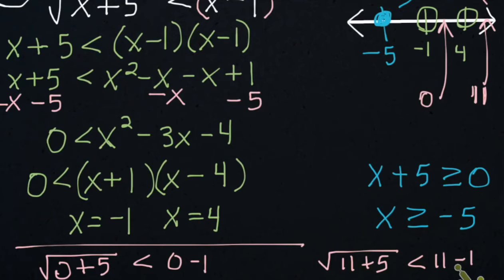No. So we're not shading in these two areas. That means the only place we can shade is right over here above the negative 5, but before it gets to the negative 1. So when I write this solution in interval notation, it would be negative 5, comma, negative 1 with a parenthesis. It wouldn't even go up to the 4.